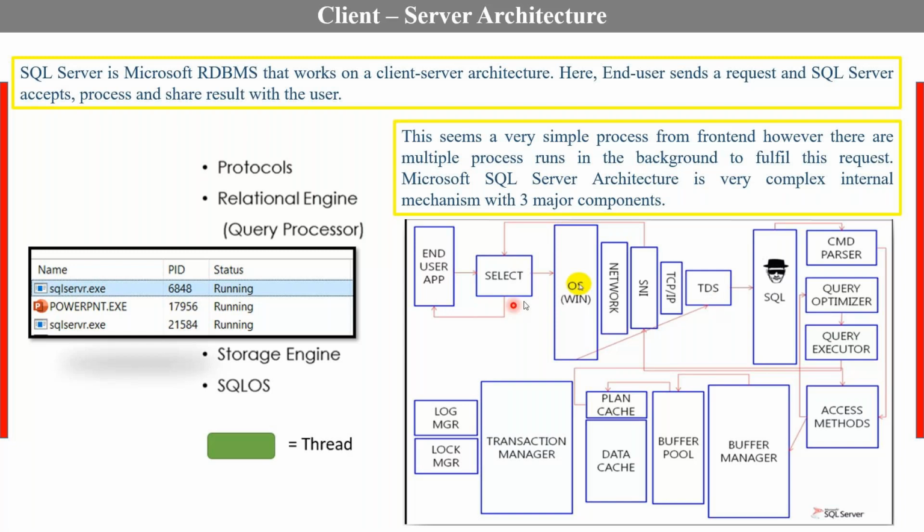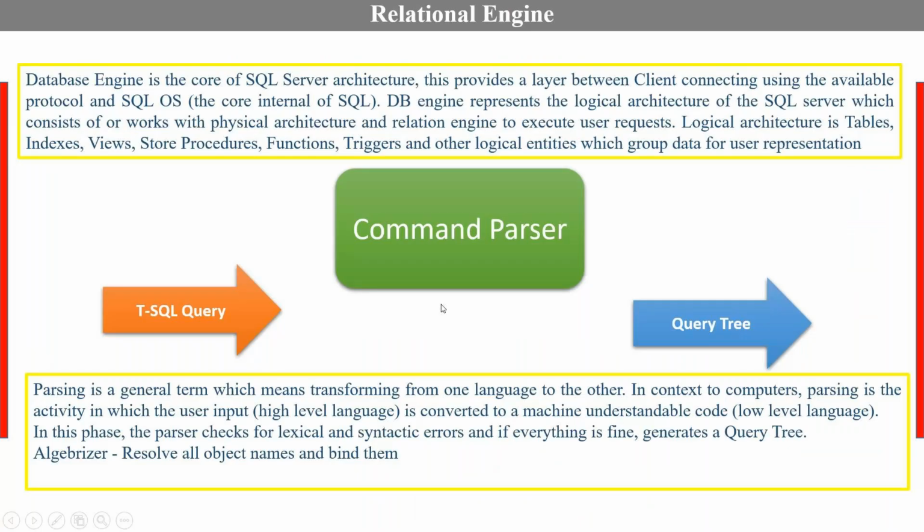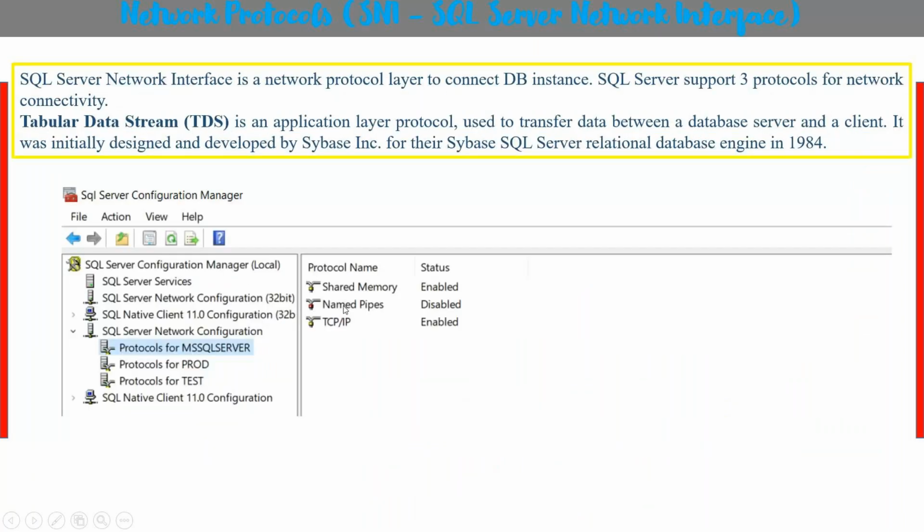So how is the connection made? First, it will connect to the operating system. From the operating system, through network packets, it will connect to the SQL Server. There are three network protocols available: shared memory, named pipes, and TCP/IP.